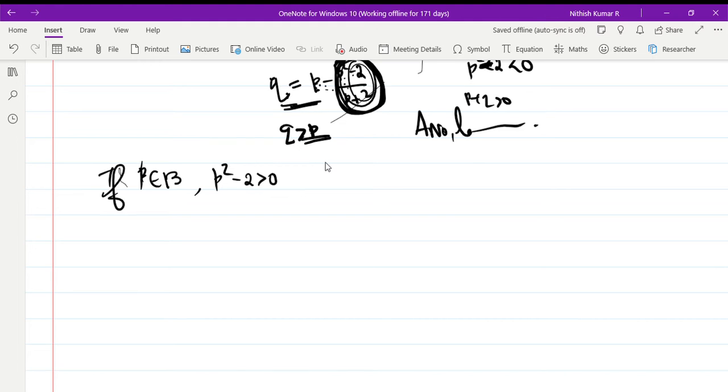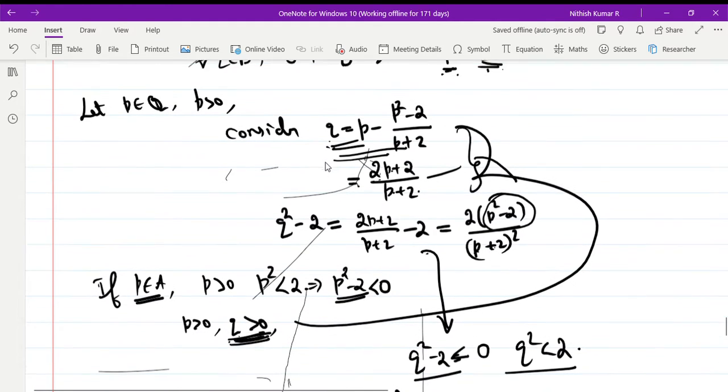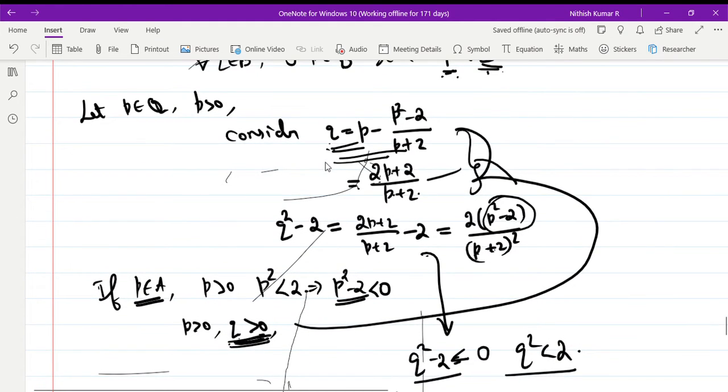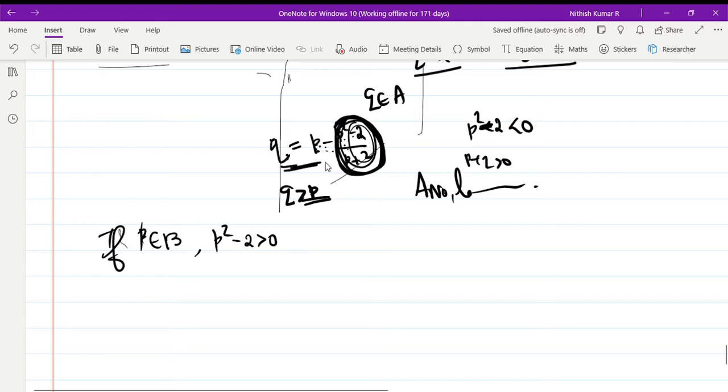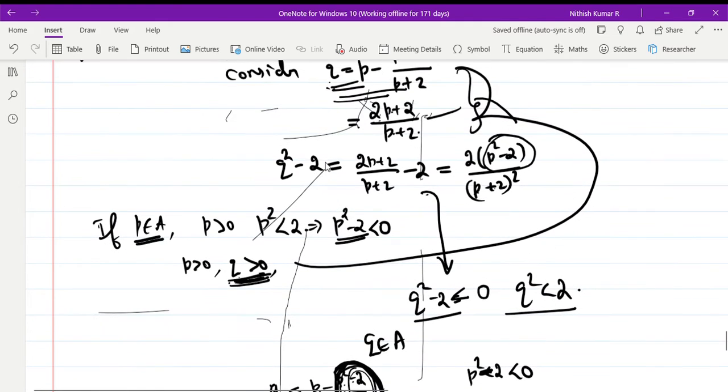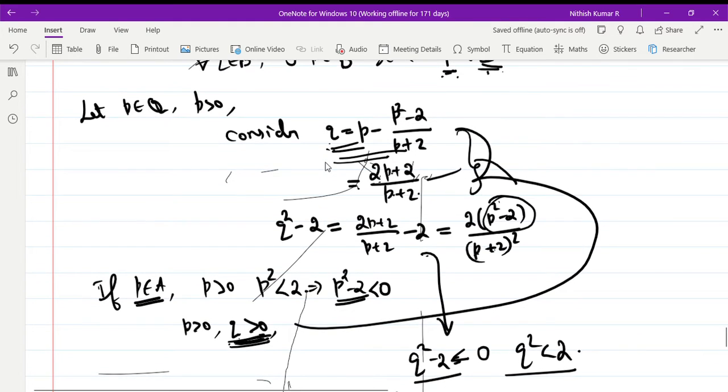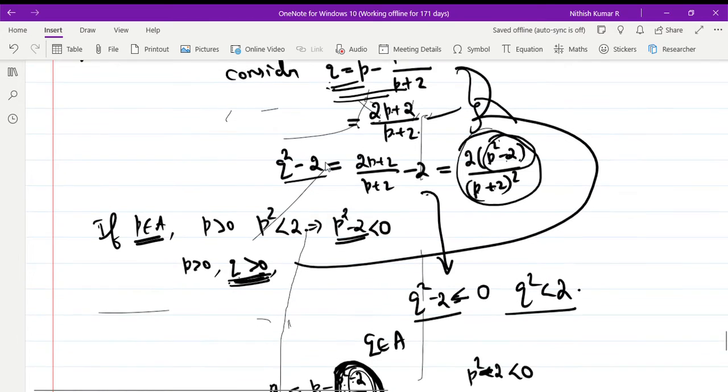Now this whole term is greater than 0, which implies q square minus 2 is greater than 0.